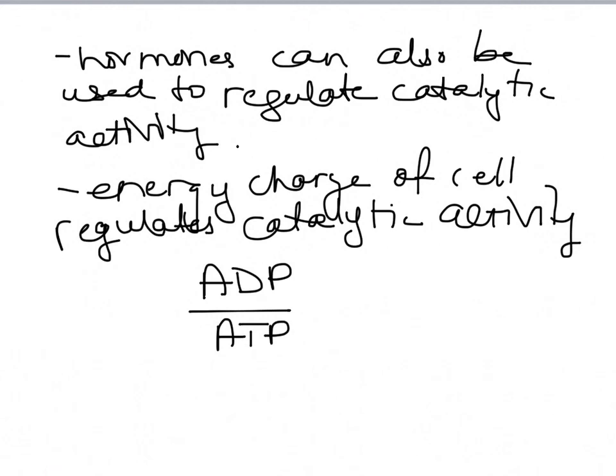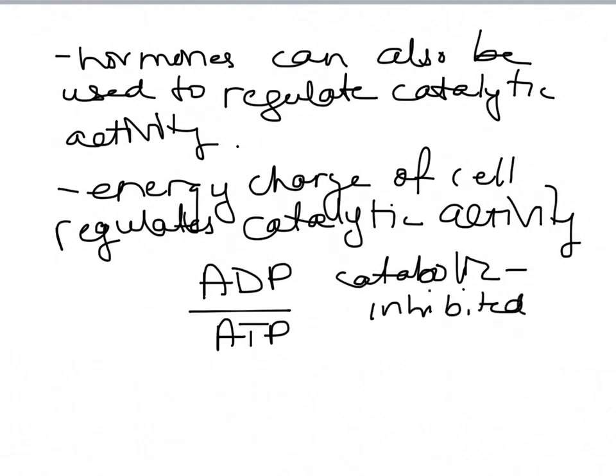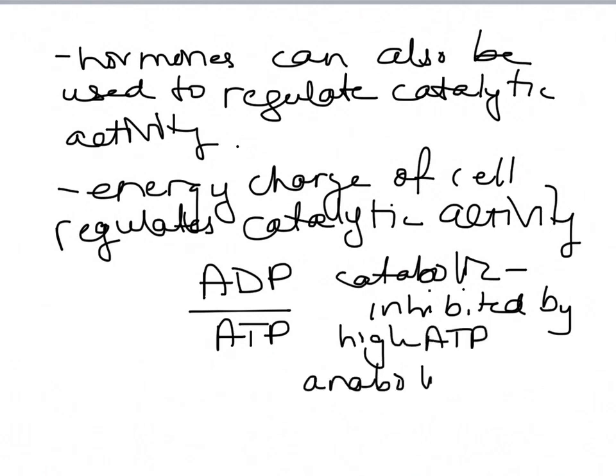And so depending upon the energy charge of the cell, an enzyme may be activated or inactivated. If it's a catabolic enzyme, it will be inhibited by high ATP. If it's anabolic, it's stimulated by high ATP.